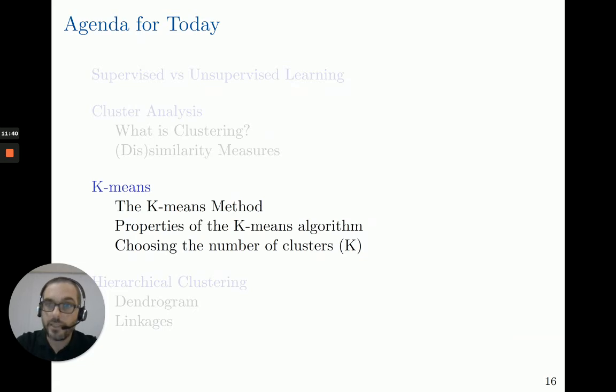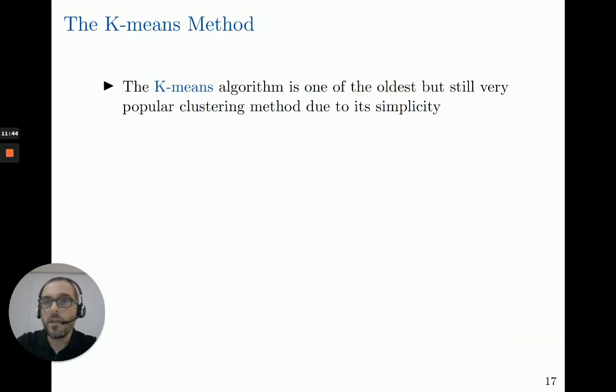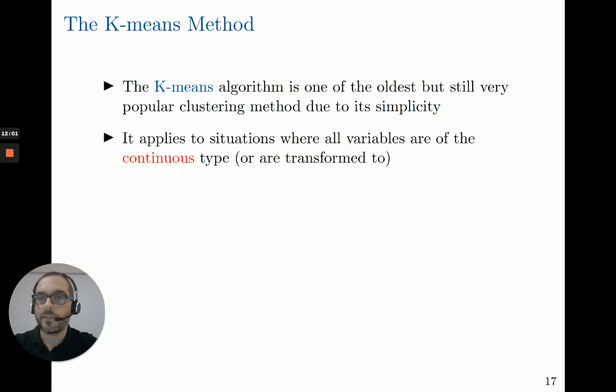So let's look at the k-means method. The k-means algorithm is one of the oldest and still very popular methods in different areas for doing cluster analysis, and it's very simple. That's the main advantage: it's really, really simple. It applies to situations where all the variables are of the continuous type or transformed to be continuous.